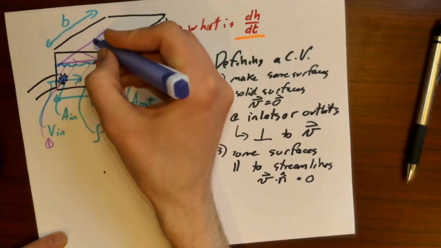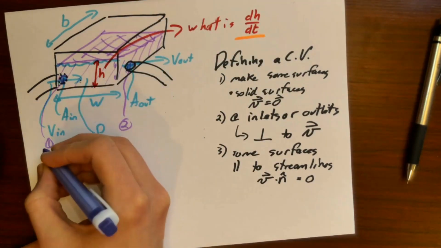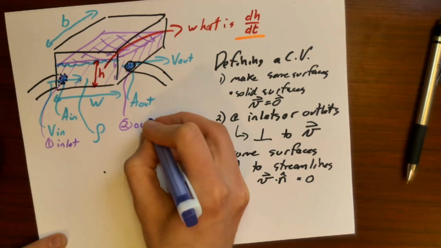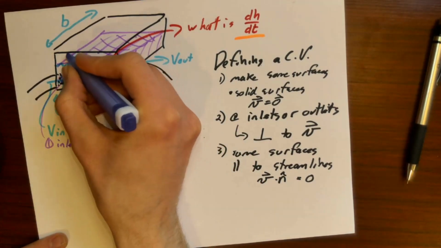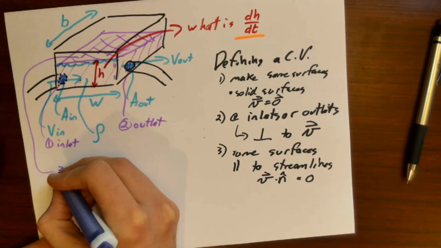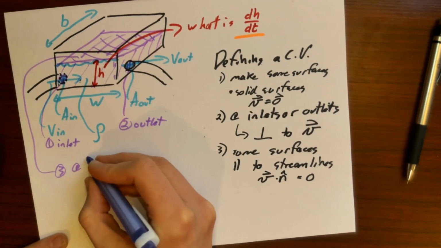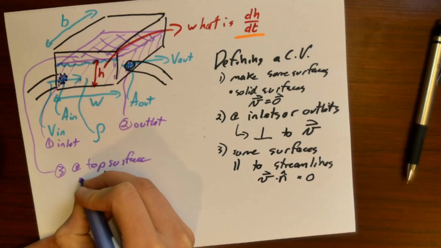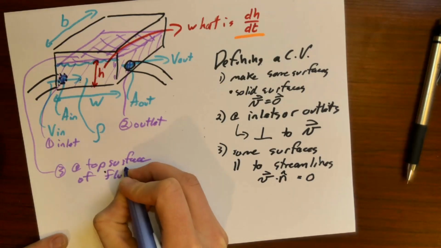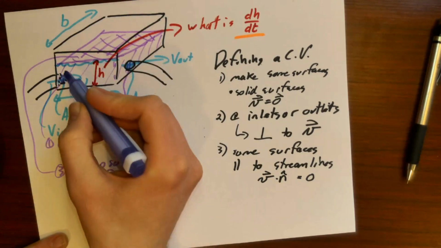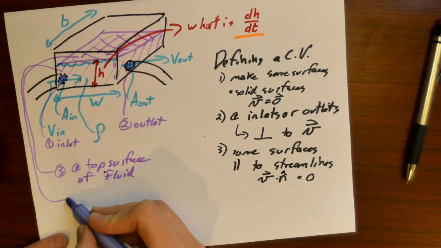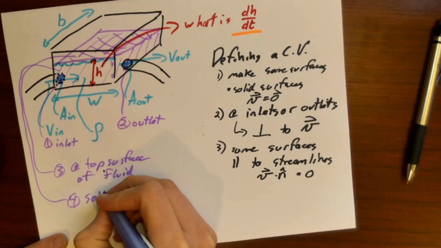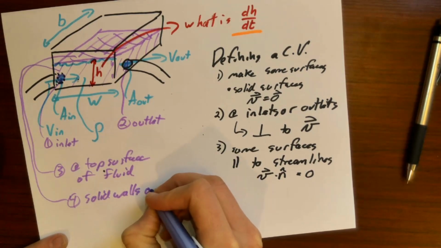All right. So 1 is going to be inlet, 2 is going to be outlet. What I'm going to call 3 is going to be at the top of the fluid. And 4 is the solid of the tank.